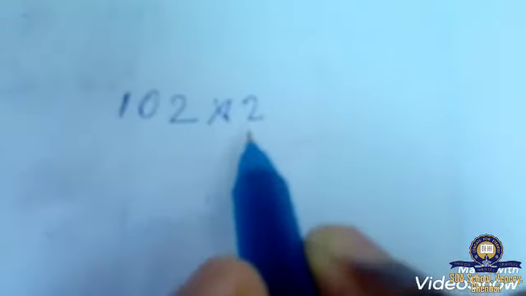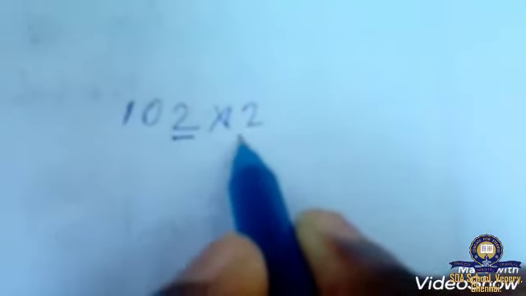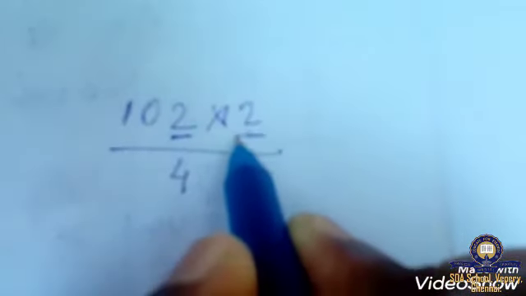Let me consider 2, which means the same thing which we write on the left side of 266, and these numbers should be the same. So we get 2 twos are 4, 2 zeros are 0, 2 ones are 2.